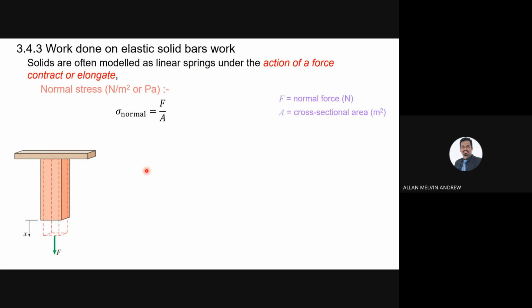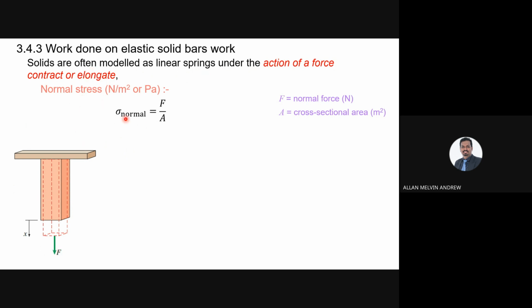Then we have work done on an elastic solid bar. Let's say you have a solid bar that is elastic, so you can elongate it. You can also consider this as work done. Solids are often modeled as a linear spring under the action of a force, contracting or elongating. So we are applying normal stress.